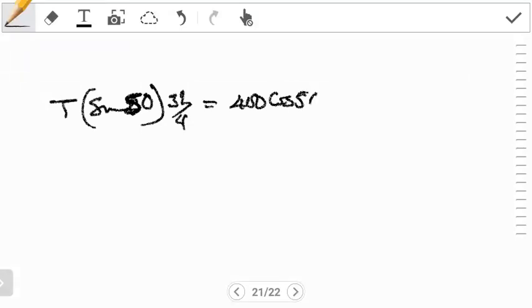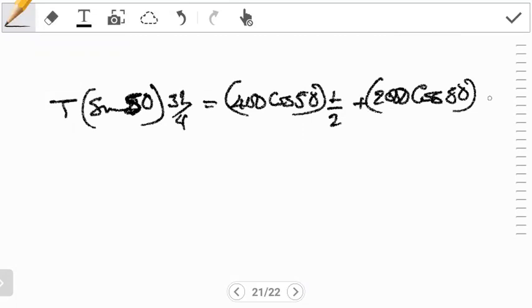What we're going to end up with is T sine 50 times 3L over 4 is equal to 400 cos 50 times L over 2 plus 2000 cos 50 times L. Sorry, this is not 800, this is 400.